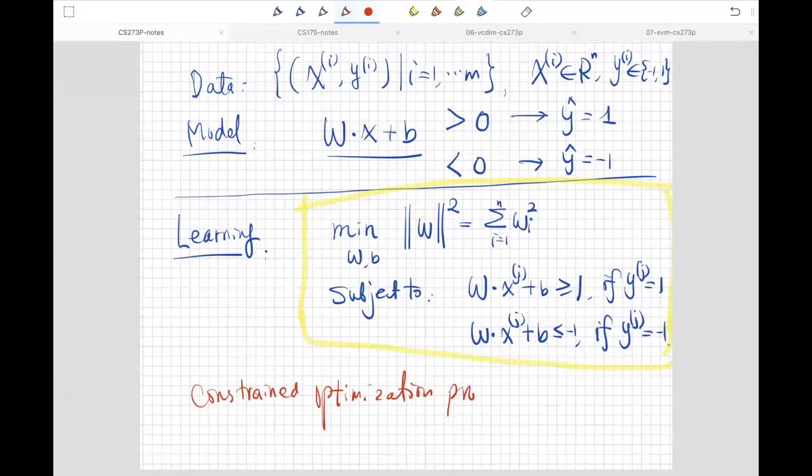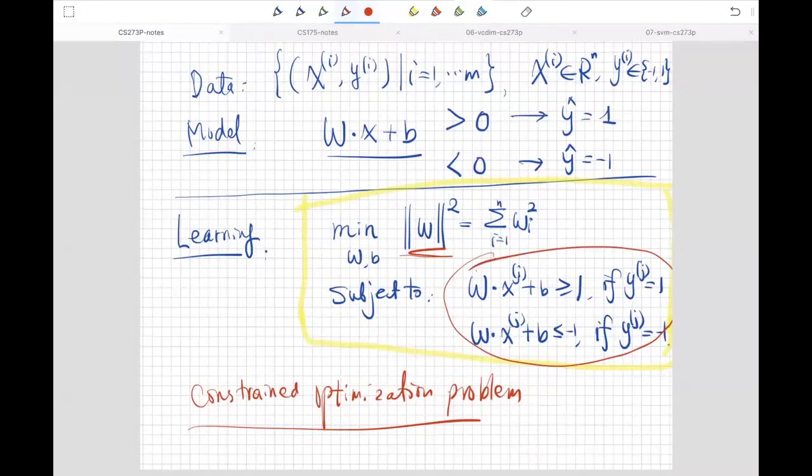In this problem, we want to minimize the norm, but we're not allowed to choose any W and B. Instead, W and B have to satisfy these conditions first. Within the space satisfying this condition, we pick the W with the smaller norm.